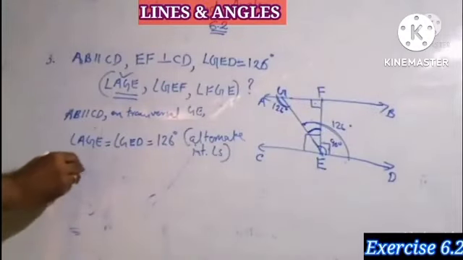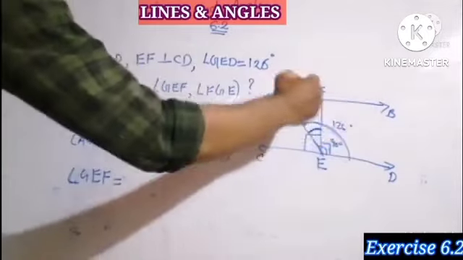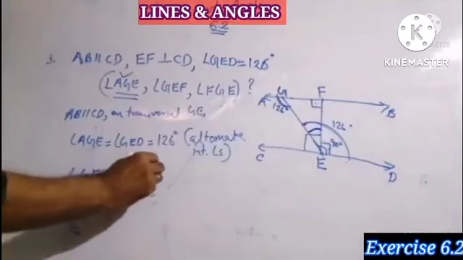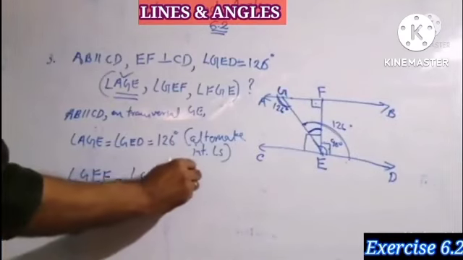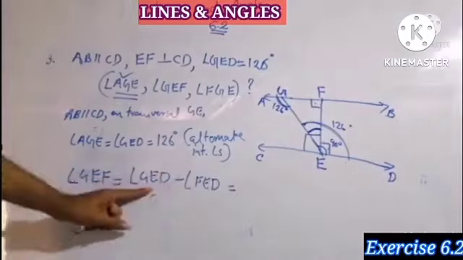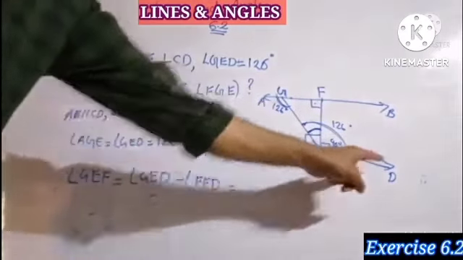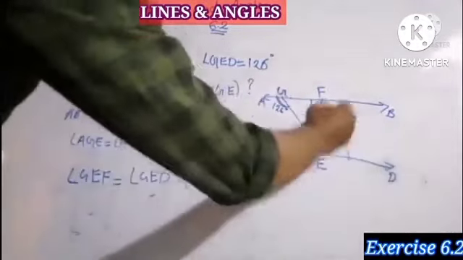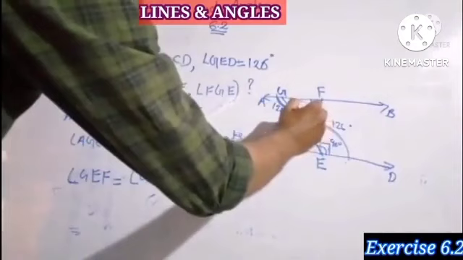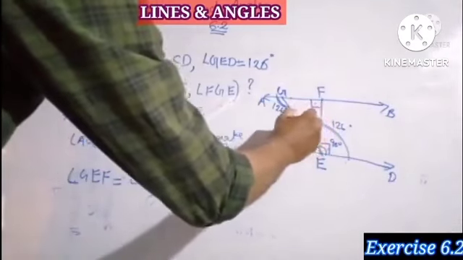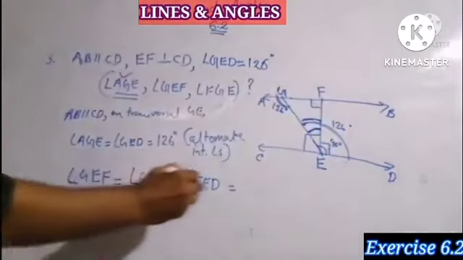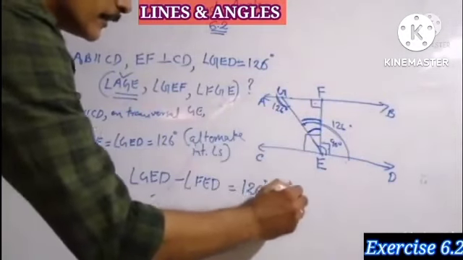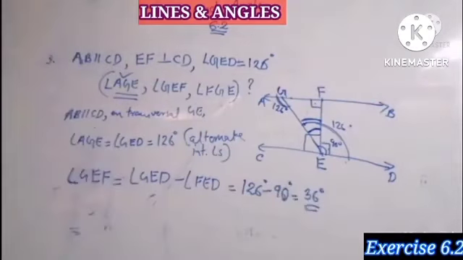From the figure, angle GED is formed by GEF and FED. So angle GED minus angle FED. From this GED, take away this FED. The remaining part is the required part. So 126 degree minus 90 degree equals 36 degree.